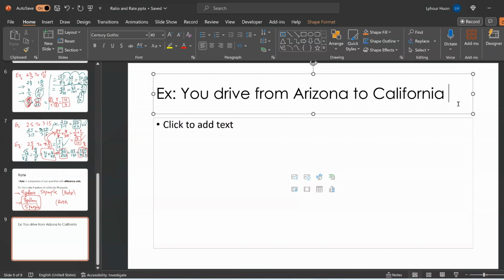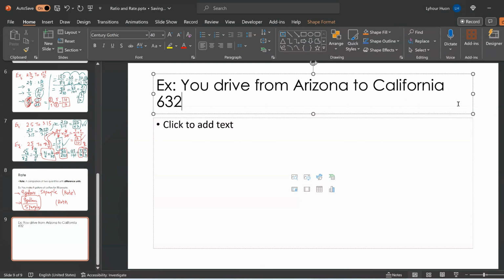Let me Google. The distance is 409.23 miles, like the state line.